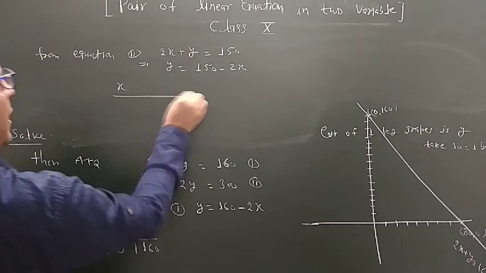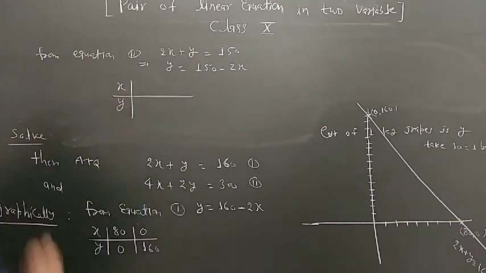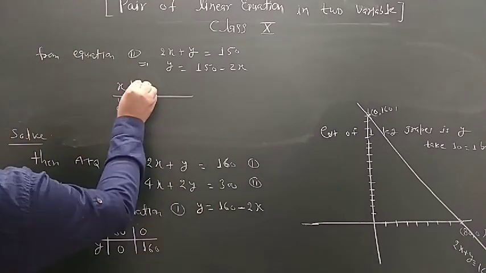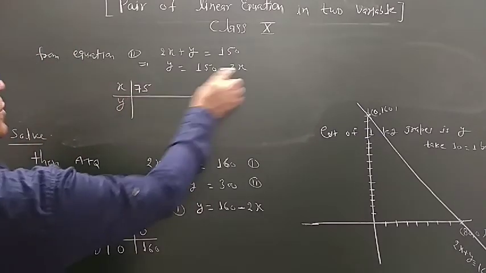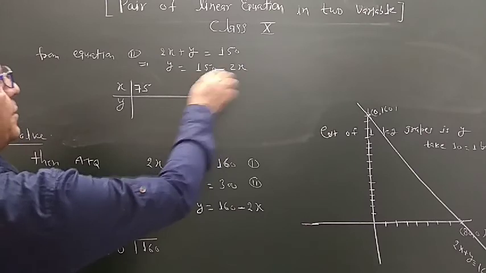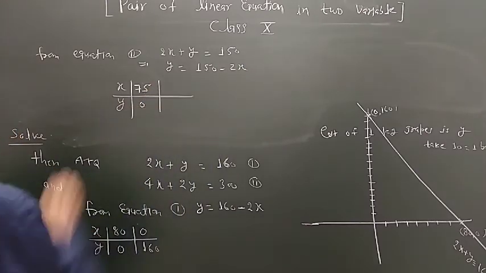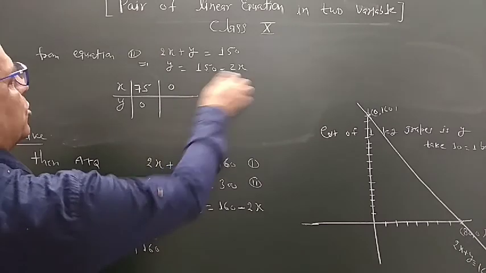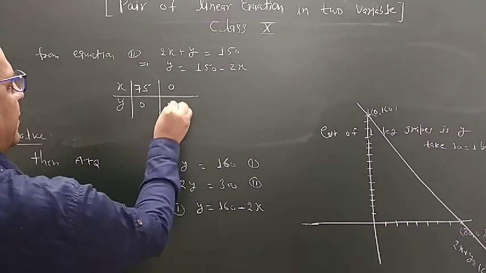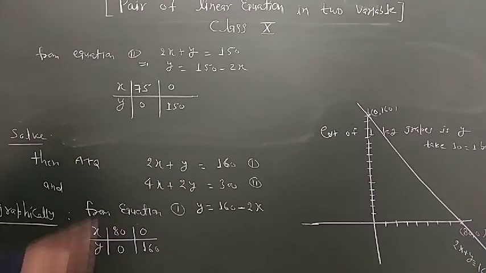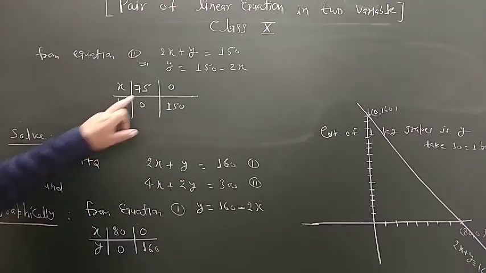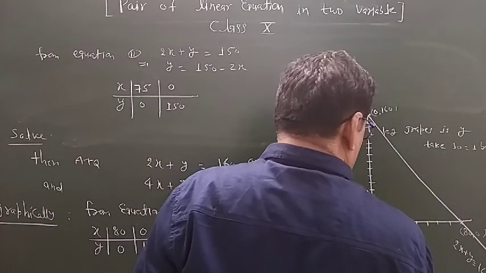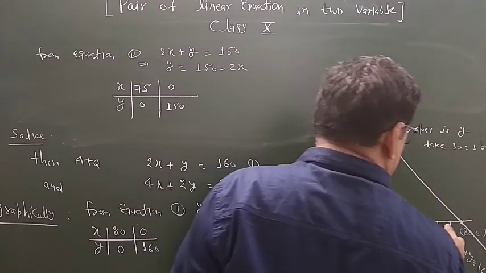Make a table again for it, x and y. Take x equal to 75. If we put x equal to 75, we have y equal to 0. And again, if x equal to 0, we have y equal to 150. So now draw these values again. The first point is (75, 0): 10, 20, 30, 40, 50, 60, 70.